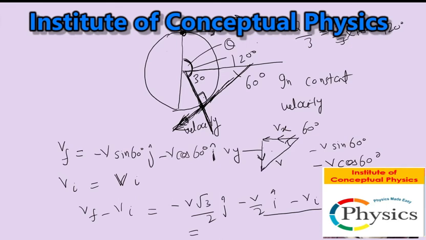Therefore you get 3 by 4 plus 9 by 4 into V square. 9 plus 3 is 12, so this gives 12 by 4 V square, which gives root 3 V. So the change in velocity in uniform circular motion, where the speed remains the same throughout, is given by the subtraction of the two vectors.